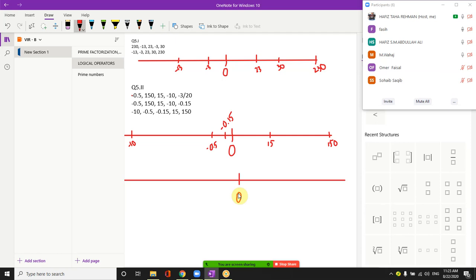Left side of the 0. So I can write it like this: minus 273.15. Got it? Because it is a negative value, and a negative value is always placed on the left hand side of the number line.